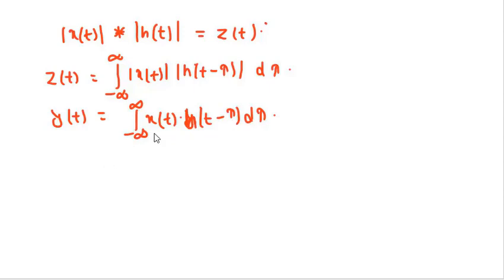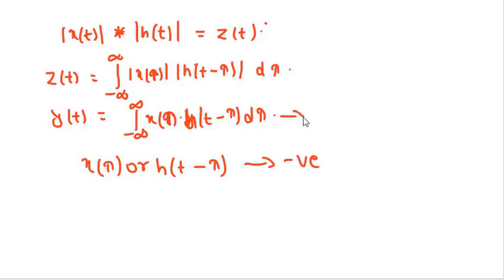So if any one of x(tau) or h(t minus tau) becomes negative, then your integral y(t) will be negative.